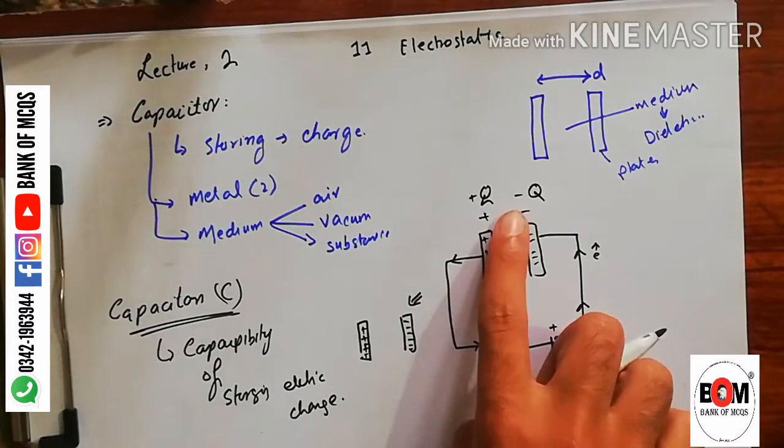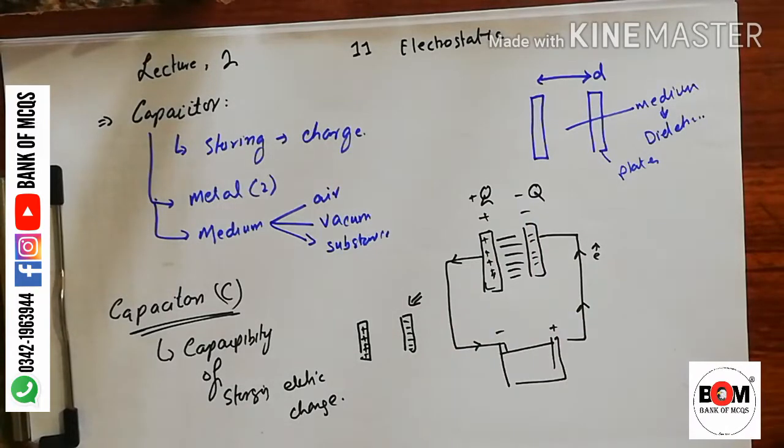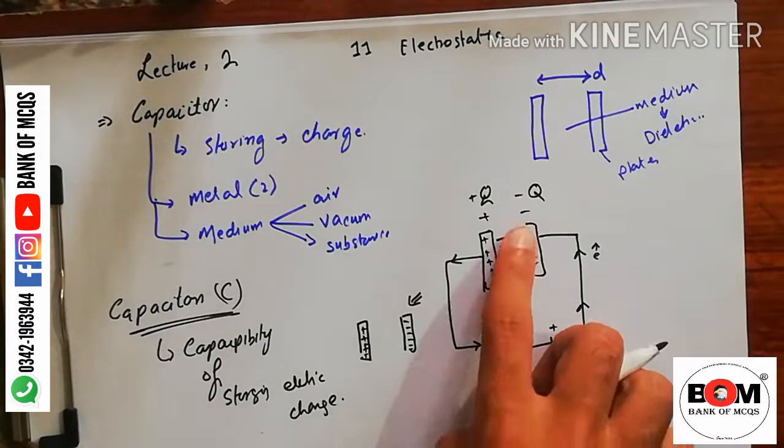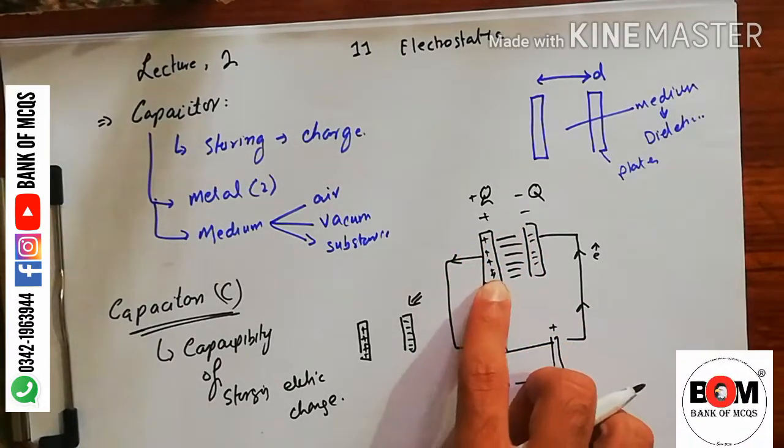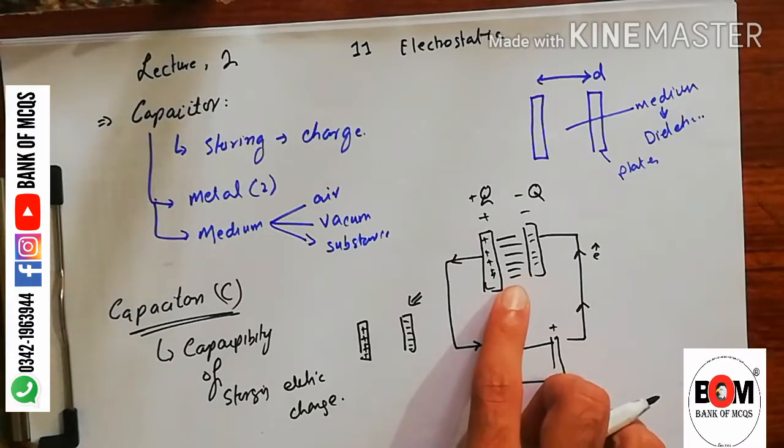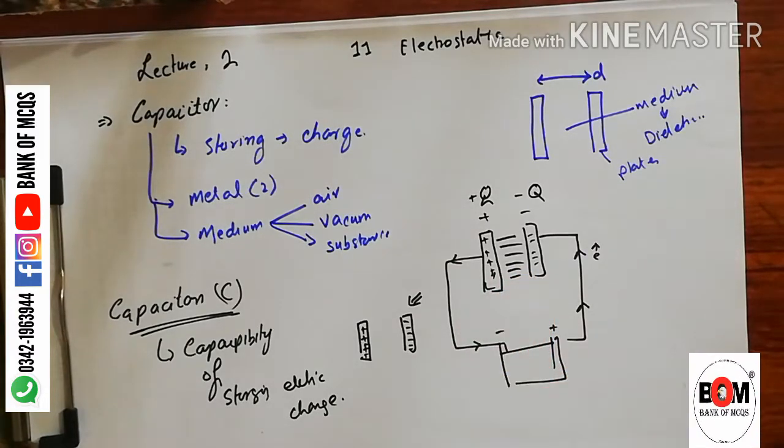When a charge Q is transferred to one plate of a capacitor, the potential difference between the two metal plates increases. When the charge on the plates increases, the voltage between them also increases.